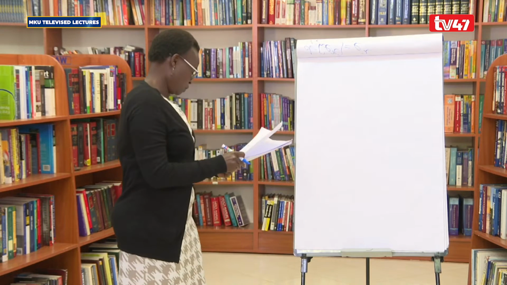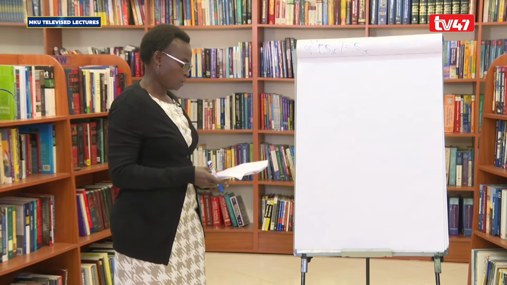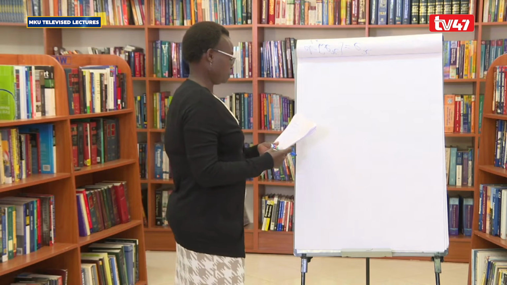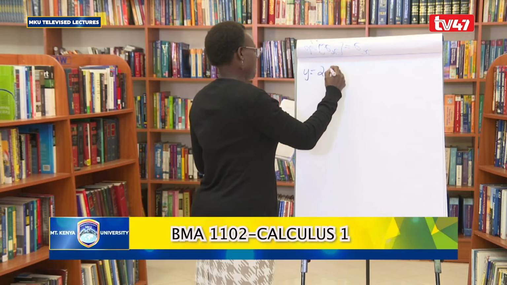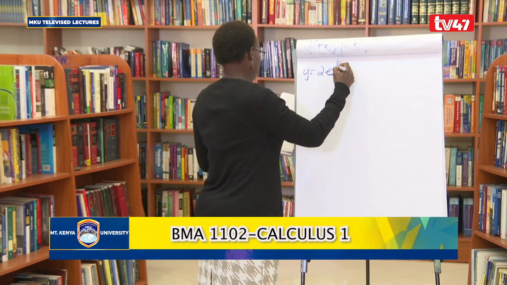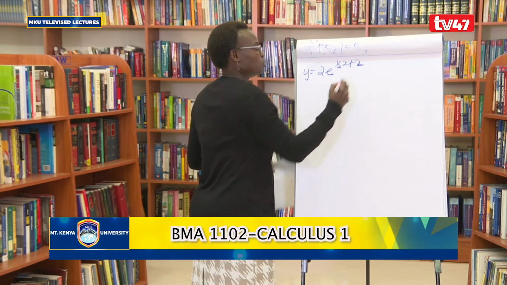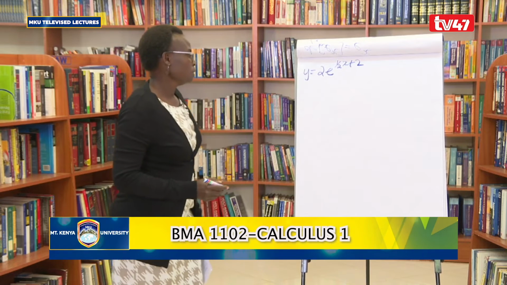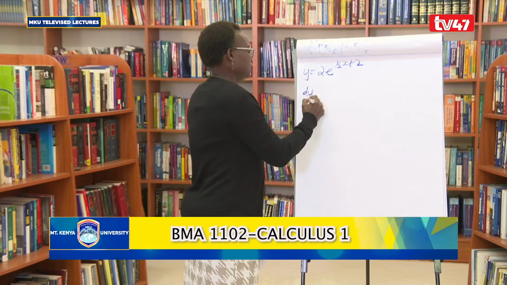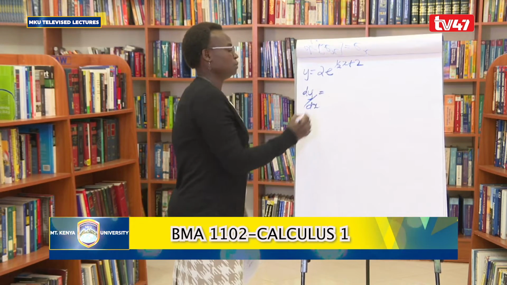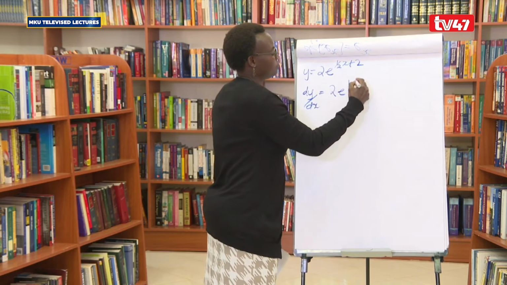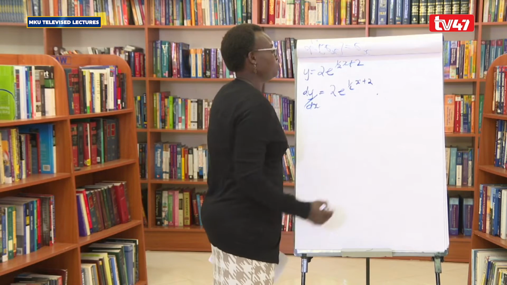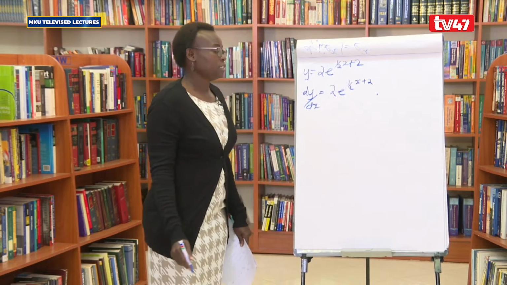We can do a second example to this. You have y as 2e raised to power a half x plus 2. So we are saying that the derivative is going to be, we take the original function as it is, so that would give us 2e to the a half x plus 2, and then we multiply by the derivative of the exponent.